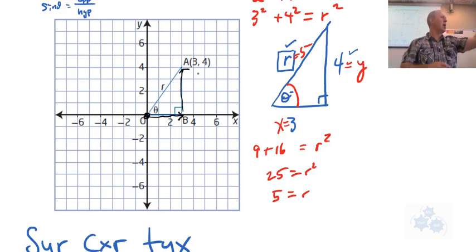I'm not really sure. I'd like to know exactly where my friend's house is. 3 blocks, 4 blocks. Well, what you could do is a little bit of trig, a little bit of sine to the negative 1, inverse sine, arc sine. No, not sin minus 1. Don't say that. You could do that, and you could find out, hey, it's exactly 53 degrees, okay?